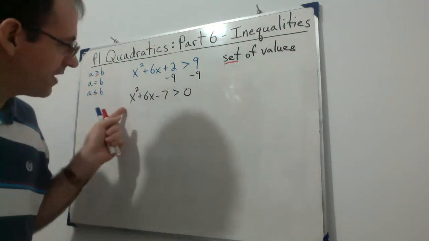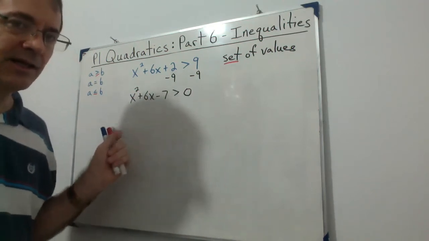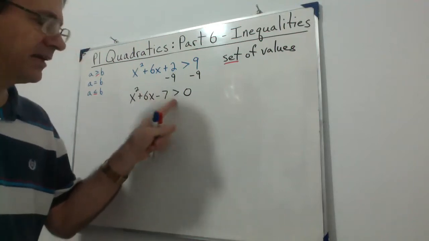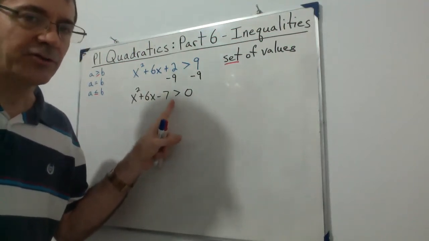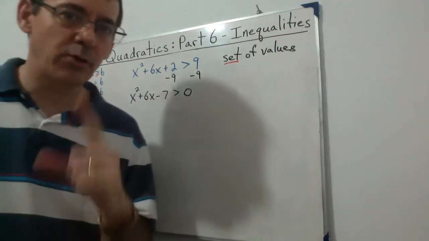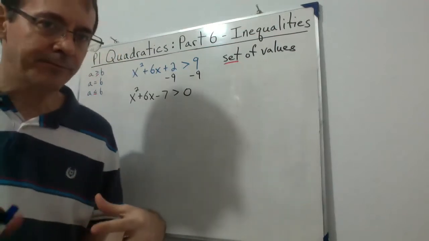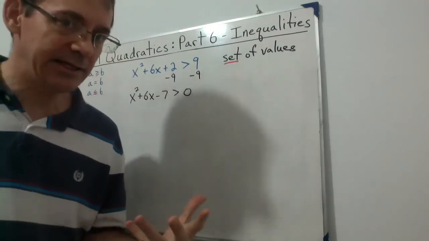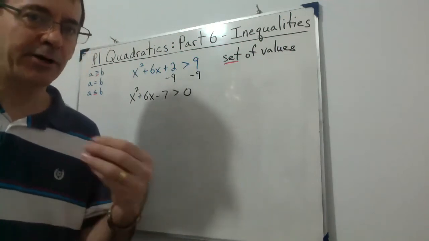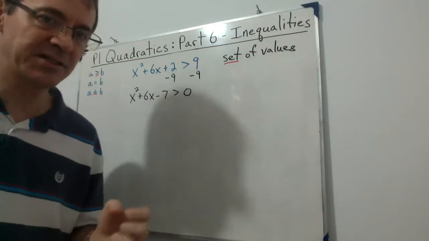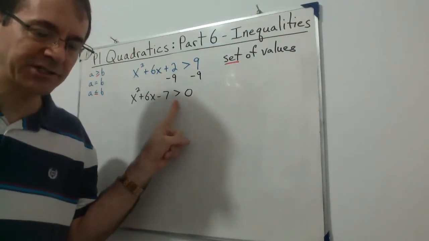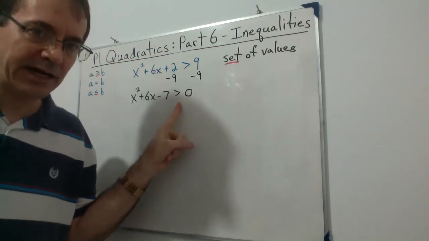But if somewhere in your equation you have a multiply or a divide by a negative, it will flip your inequality. So don't forget, there's only one extra rule for solving inequalities compared to solving normal equations, and that is your inequality can flip directions when you multiply or divide by a negative.